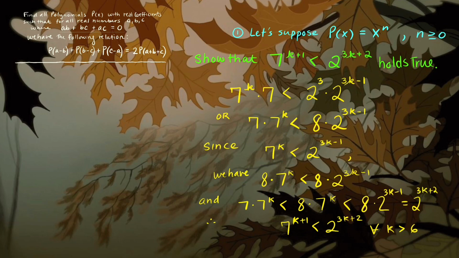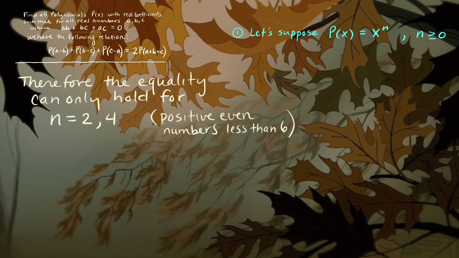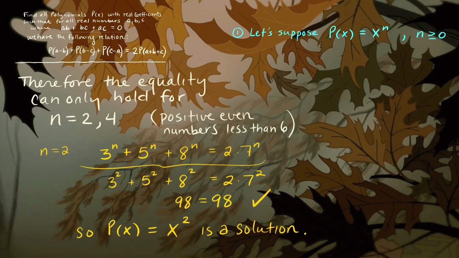And so this is just a proof by induction, and we get down to the value that it will always hold this inequality for n greater than or equal to 6. Therefore, the functional equation, the equality, will not hold for anything greater than or equal to 6. So the only even values that would be possible for n would be 2 and 4. So now we just have to check that those in fact work.